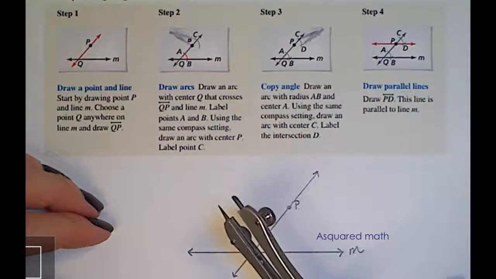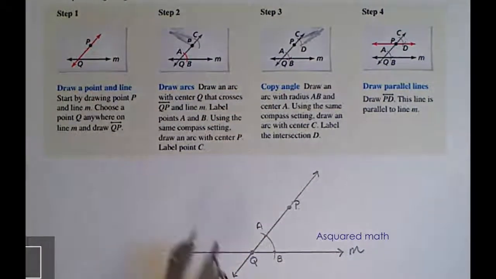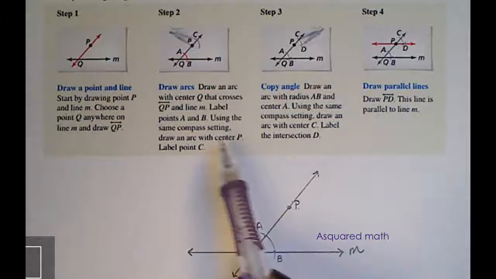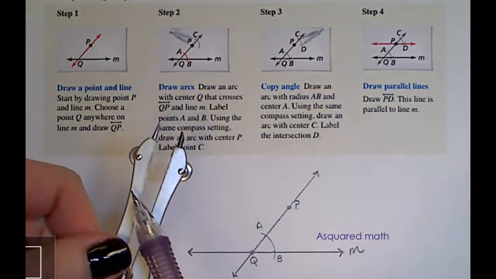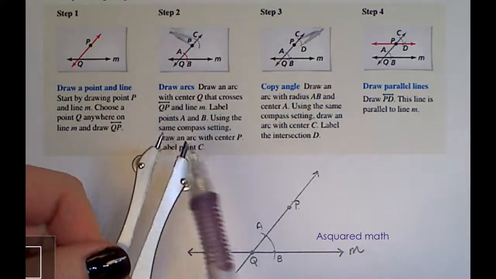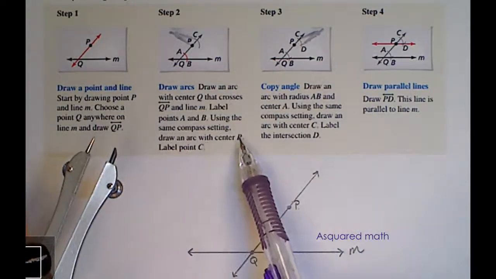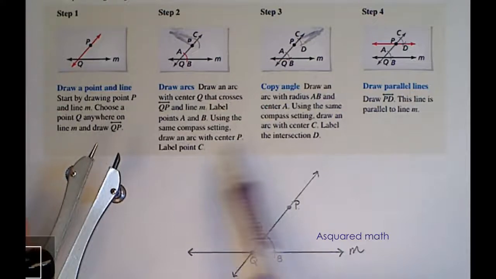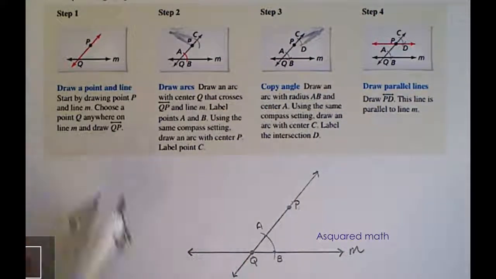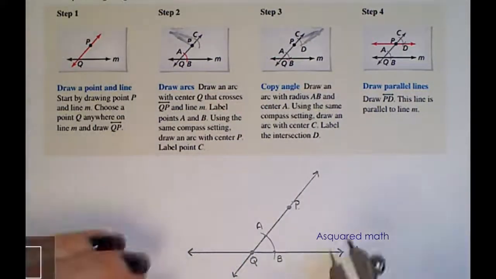To continue on with step 2, using the same compass settings, so I have not changed the distance between my pointer and my pencil at all. Draw an arc with center P and label point C. And point C is going to be where we cross line PQ.